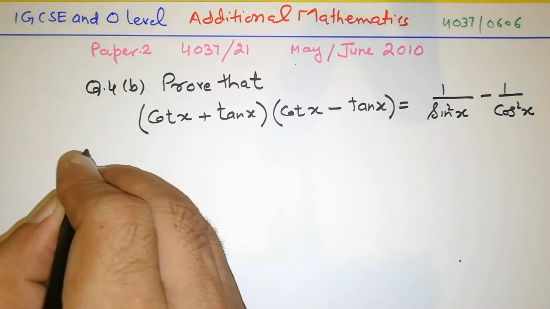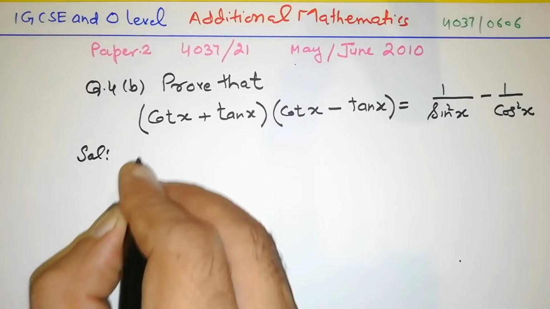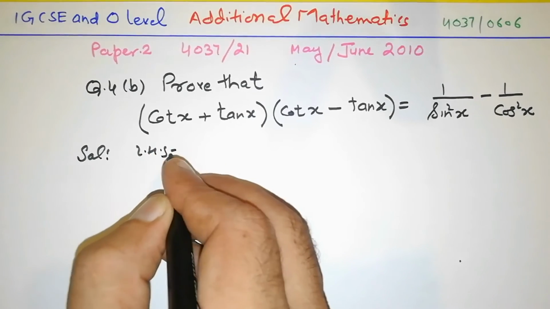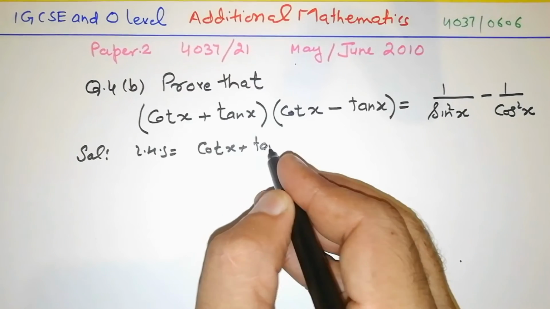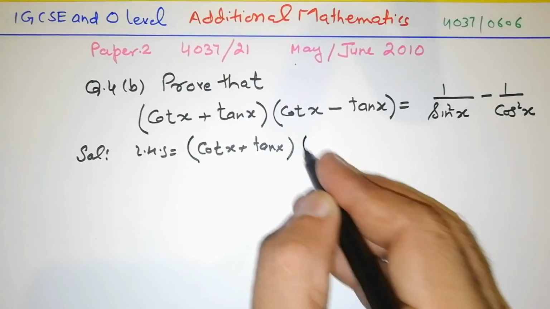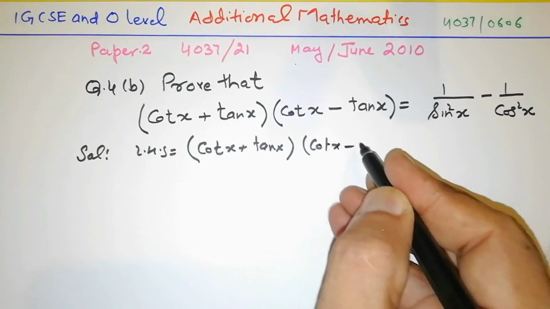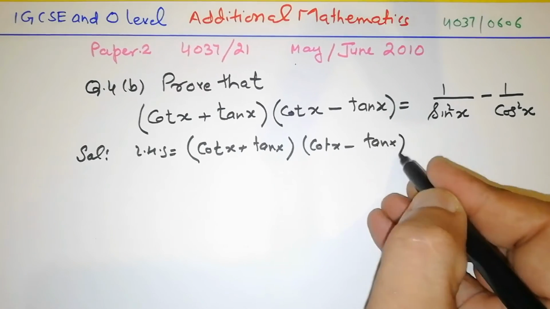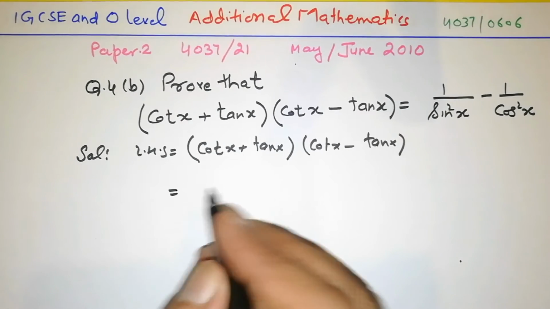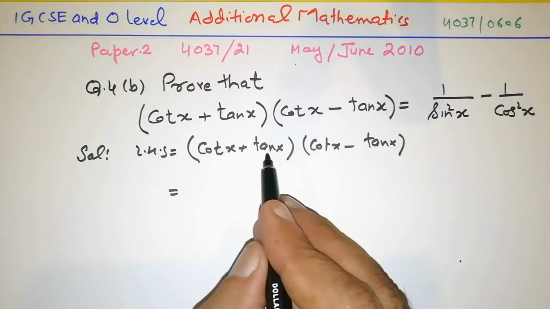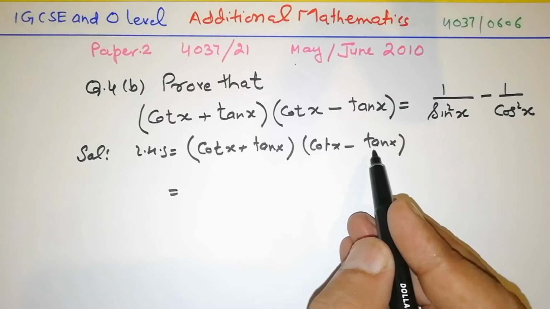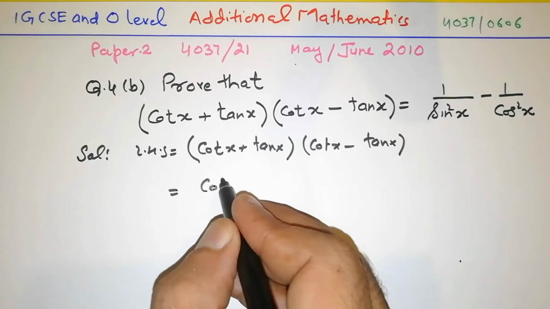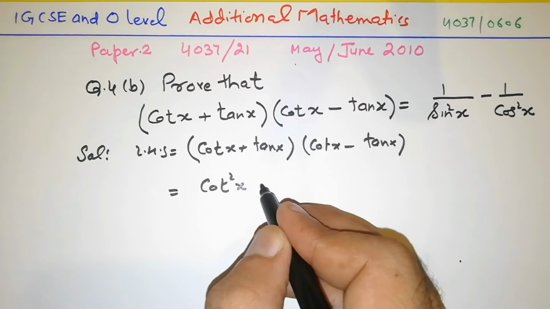So the solution is, we consider its left hand side, that is cotangent x plus tangent x multiplied by cotangent x minus tangent x. You know in algebra a plus b multiplied by a minus b is a square minus b square, which means this is cotangent square x minus tangent square x.